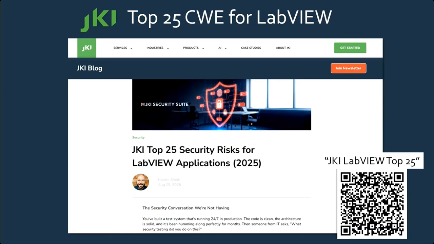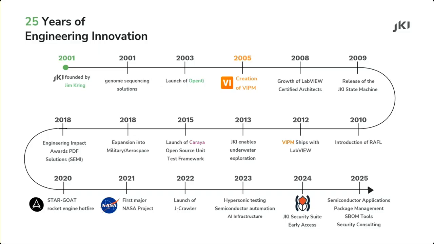Now, who is JKI and why did we decide to do this? JKI has been a LabVIEW partner for over 25 years. We've worked in nearly every industry that LabVIEW touches, from biomedical to semiconductor to aerospace. We've created a lot of the fundamental tools, things like VI Package Manager, which you may use to install toolkits, or Caraya, which you may use to do unit tests. And recently, we've had a big focus on security.